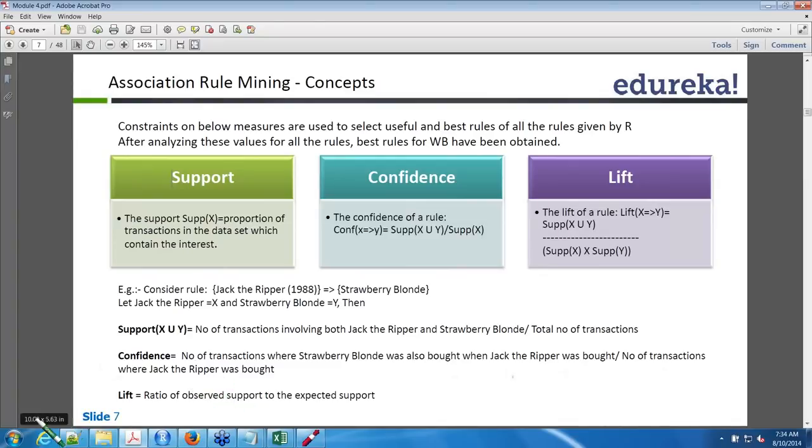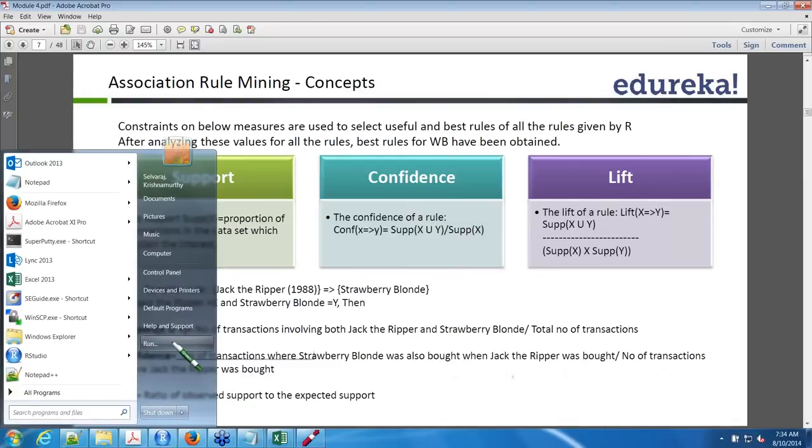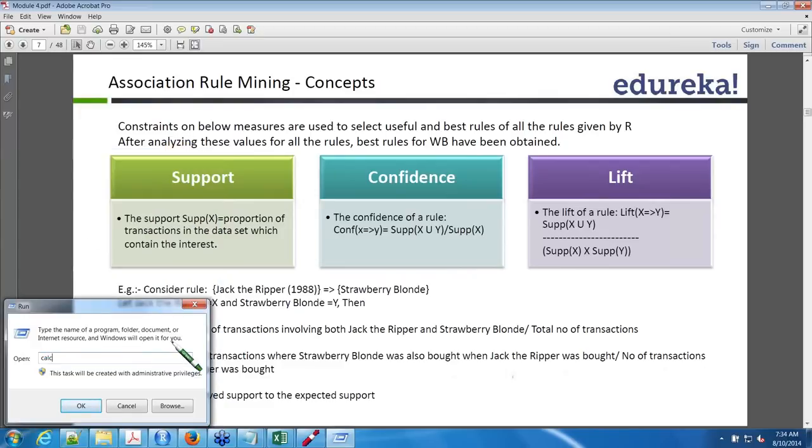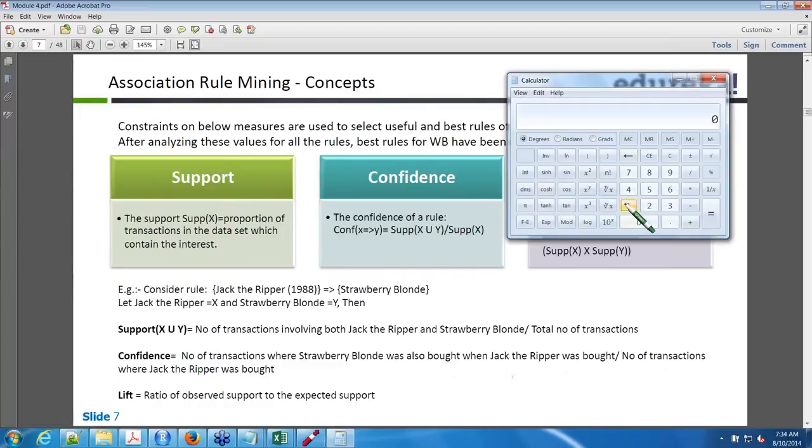So it is 10 by 1000, only 0.01, which means only a very small percentage of that product is present in total transactions when compared with another product. So to what level of confidence does a product have to be present for me to take into account for my analysis.